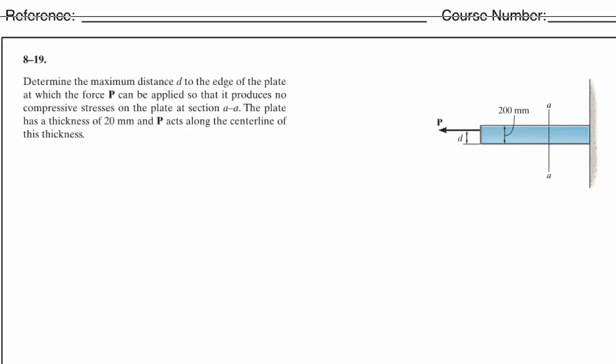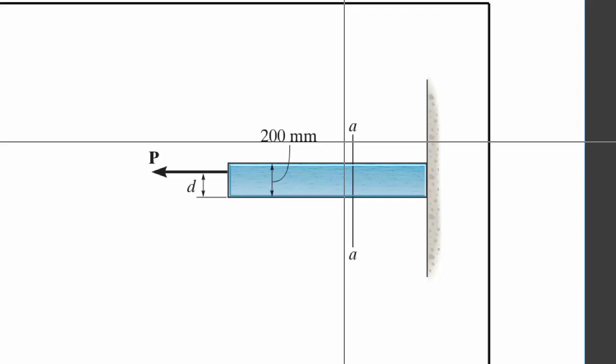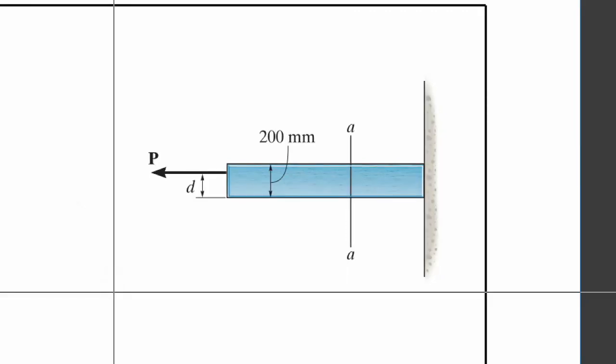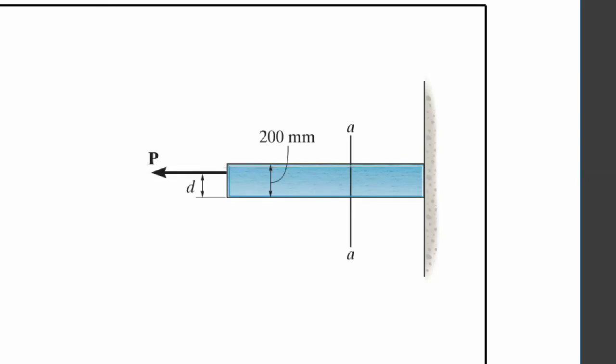So problem 8-19 is a combined loading problem, referring to chapter 8 of Hibbeler. When we look at this loading, because of the offset that is given, that would create a moment.